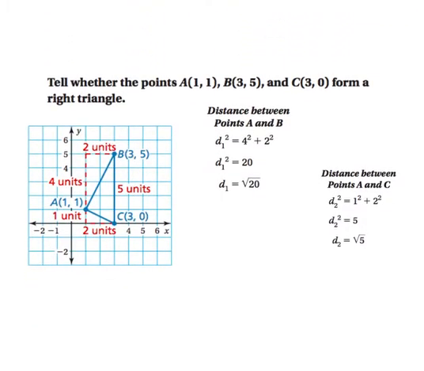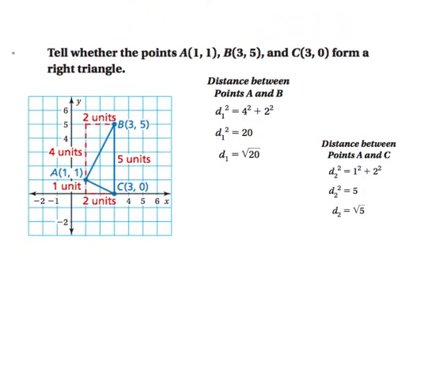Now, if we go down and look at a problem, let's name this number 2, because that was 1A and 1B. Now we want to tell if the points A, B, and C form a right triangle. It almost looks like it, but I can't tell for sure.